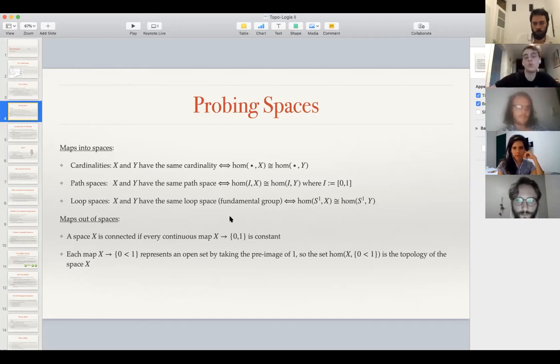So this set of transformations from the circle, S1, into some space, they're going to be basically the paths up until pushing them around. Then we can say that those spaces have the same fundamental group, or the same loop space, if and only if their fundamental groups are the same.